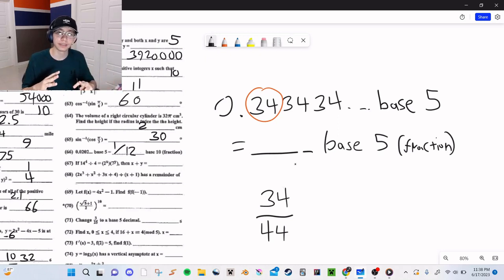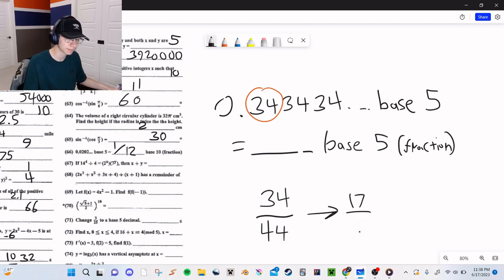Am I done? I'm not done. Or am I? You might think I can simplify to 17 over 22. But you'd be wrong because we're still in base 5. We can only divide right now in base 10.